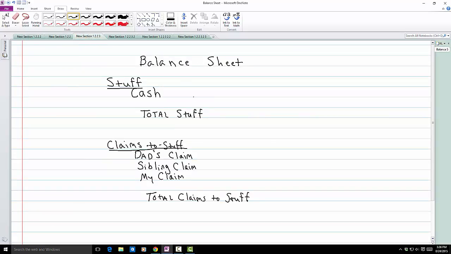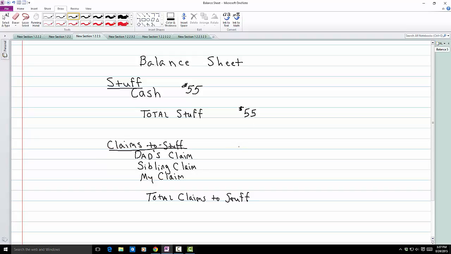So on our balance sheet, we would show cash of $55. We have no other stuff in this example. Later on, we'll talk about equipment and property and vehicles and all that stuff, and we could add that into our stuff account. But right now, all we have is cash, and there's a total cash amount of 55. So our total stuff is $55.